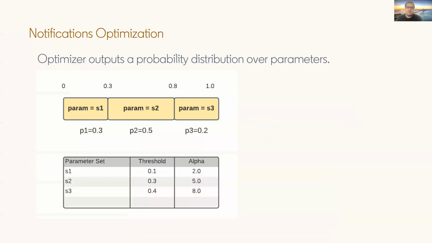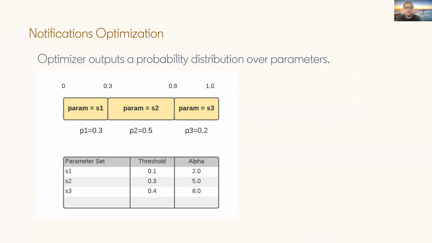So let's look at what is the output of the optimizer, and we can walk back from there and understand every component in the system diagram. The output of the optimizer in this case is a probability distribution over the configurations.